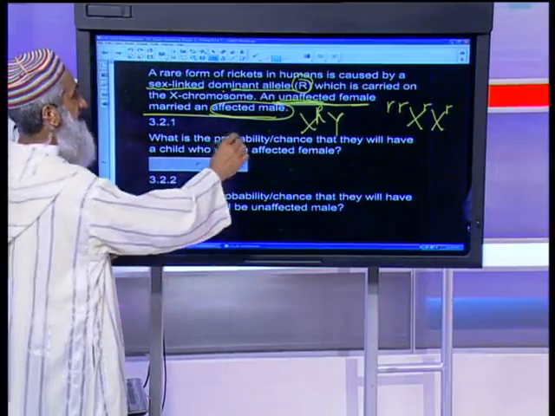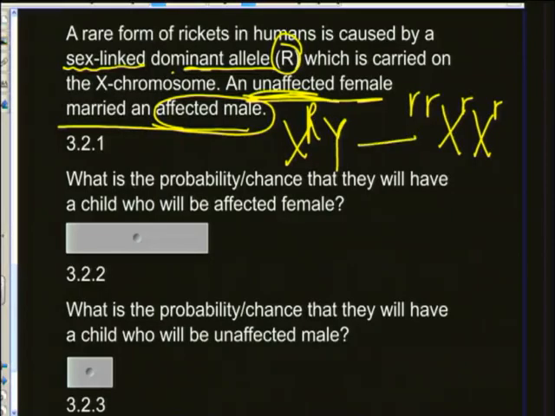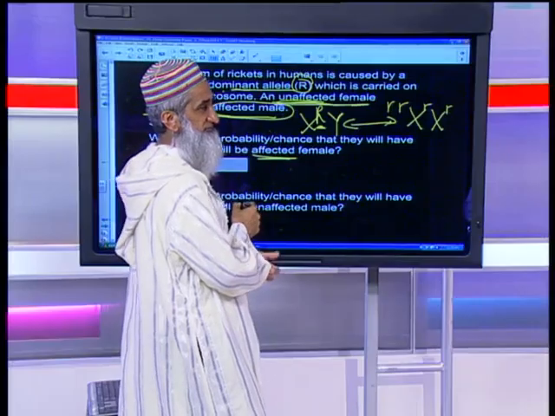What is the probability that these two will have a child who will be an affected female? 50%? Remember, she's getting this R from the father. And remember that this is dominant.